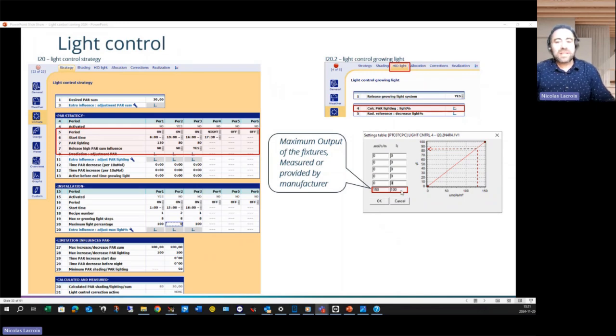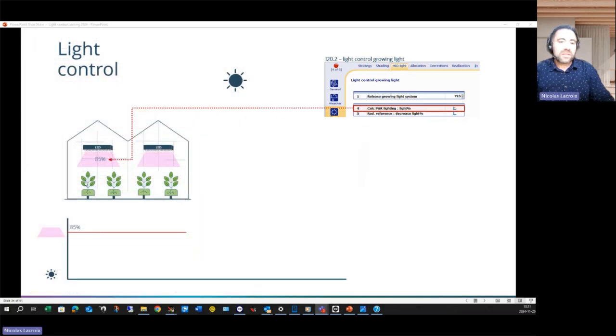When my fixture is at full capacity, I can get that quantity of micromole. Now, if my first period is set at 130 micromole, then I will ask my fixture to go to 85%. Without any influence, my fixture will automatically go to 85% and stay there.